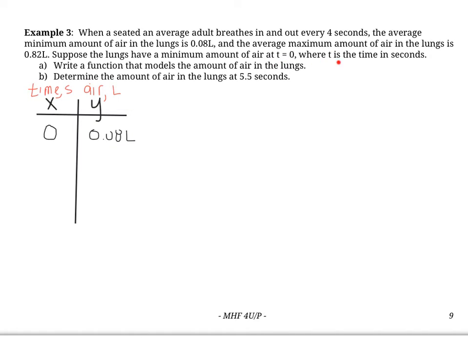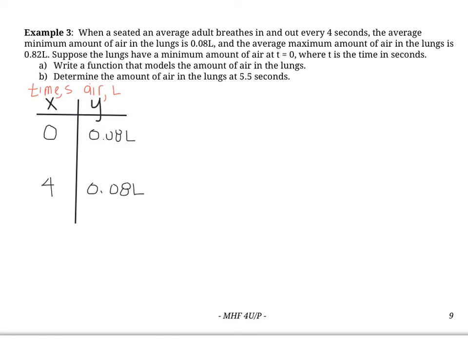At time equals 0, the lungs have a minimum amount of air, and our minimum amount of air is 0.08 liters. We also know that an adult breathes in and out every 4 seconds, so that must be our period, the length of one cycle, 4 seconds. So that means if our cycle is 4 seconds, after 4 seconds we must be back at 0.08 liters.